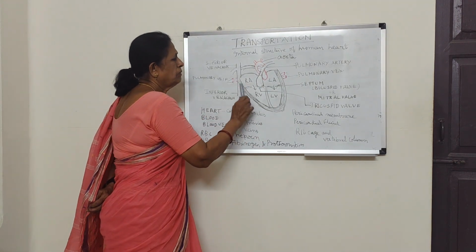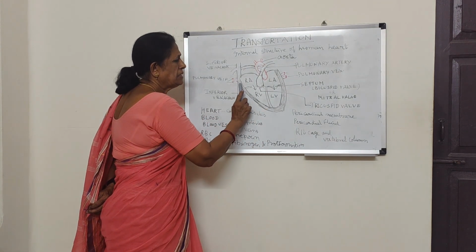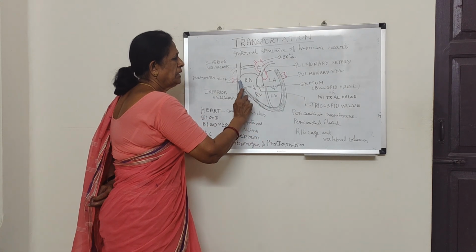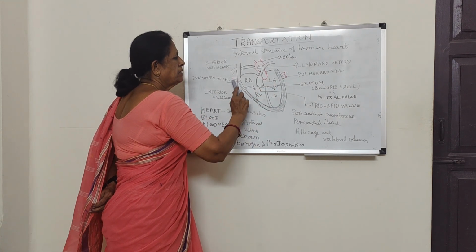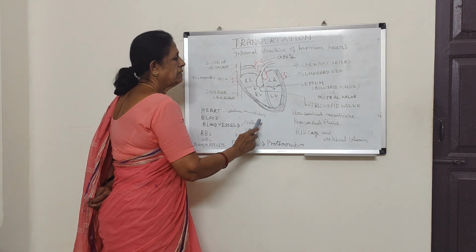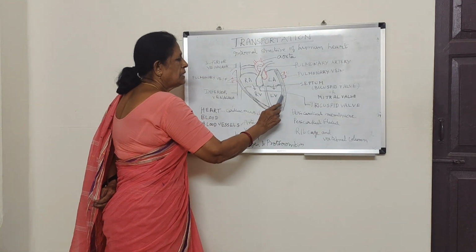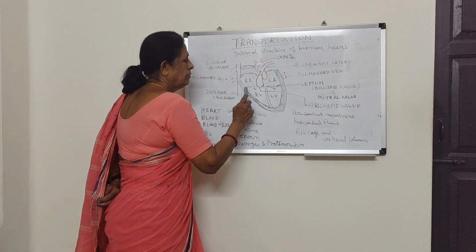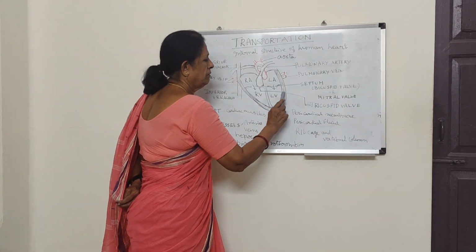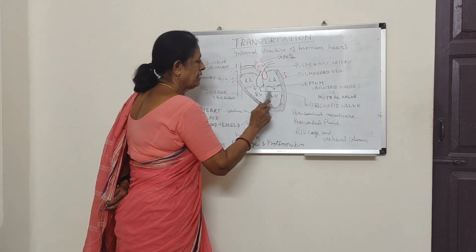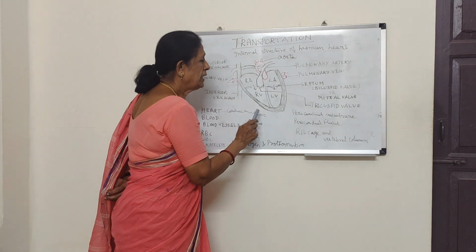If you observe the structure of the heart, it is not round. The wider part is on the upper side and the tapering part is on the lower side. If you observe the walls, the walls of the left side chambers are thicker when compared to the right side. Why?